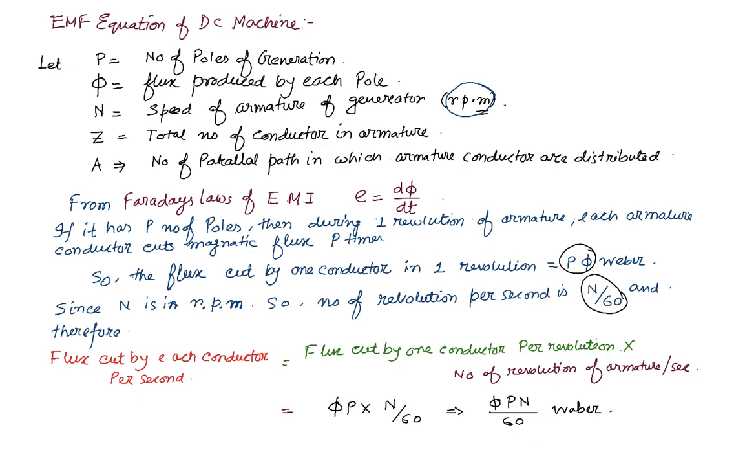So the induced EMF E is equal to phi P N by 60, because that is the rate of change of cut flux per second.